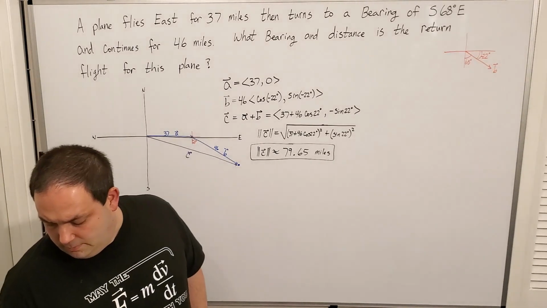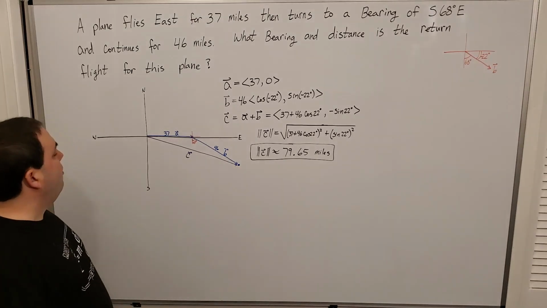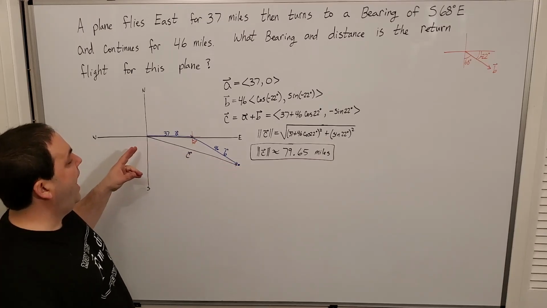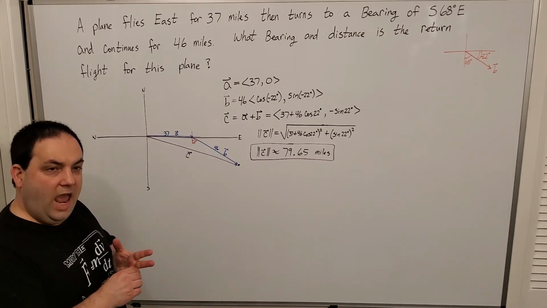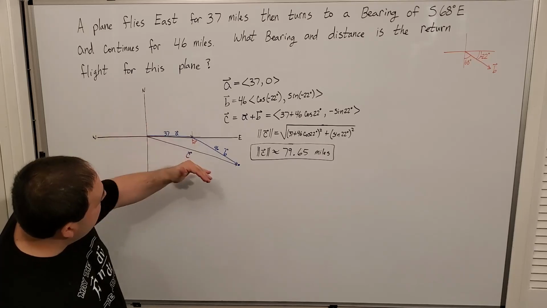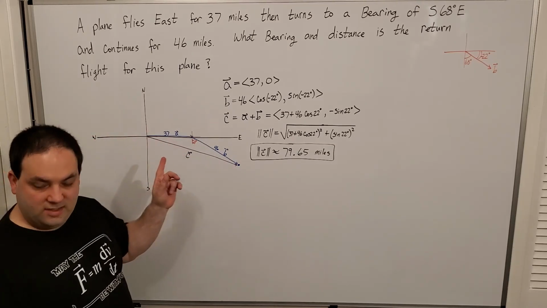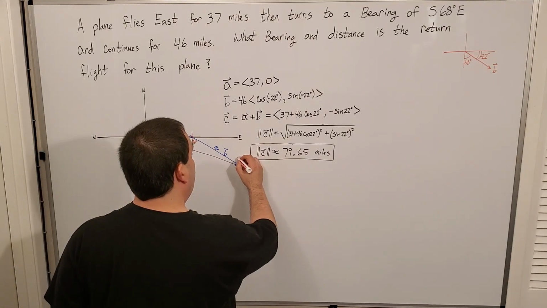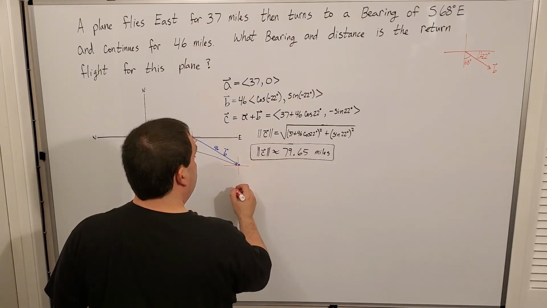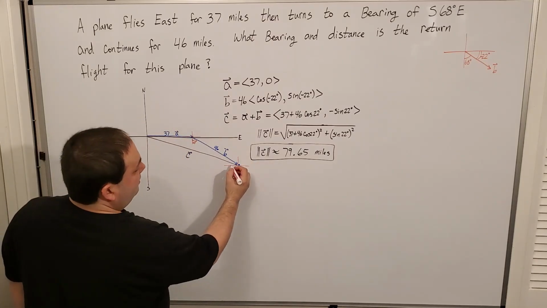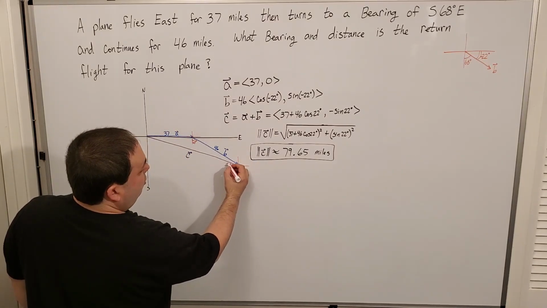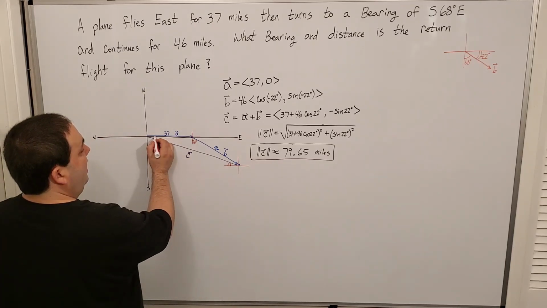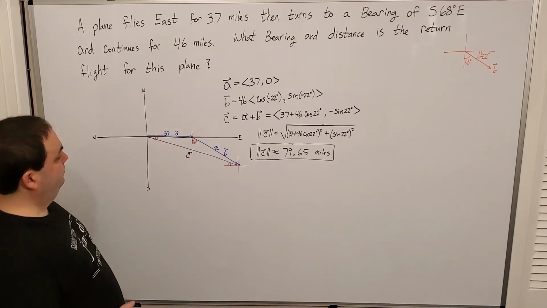Next, the bearing. So the bearing to this, along this line and the bearing back are identical in angle, but remember one of them will be south and east and the other will be north and west, right? If I were to draw another pair of north, south, east, west lines here, you would notice that this angle right here, I'll call it gamma, is the same as this angle here, gamma.